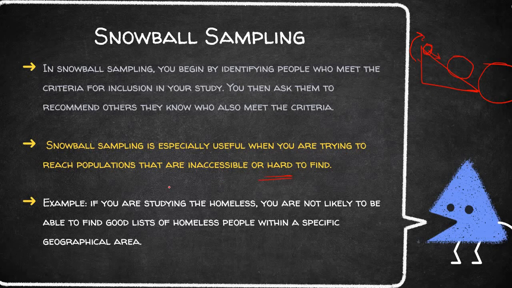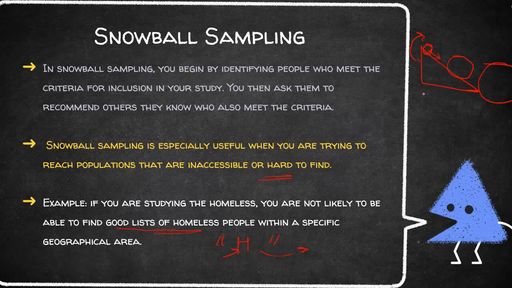In that case, you start with those people who fall in that category. Let's say you are studying the homeless. You are not likely to be able to find a good list of homeless people. So what you could do is start by identifying a specific geographical area. You identify some homeless people, and then you ask them, please help us if you know of other homeless people as well, please take us there.